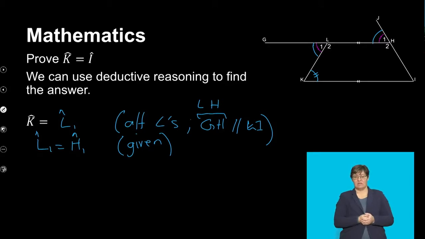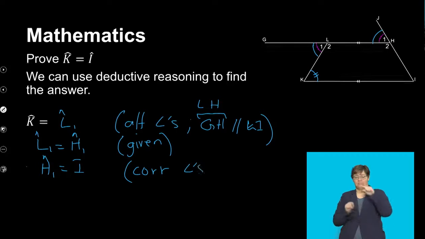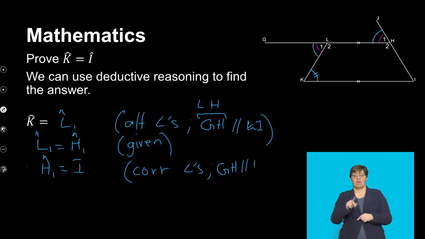And as a result, I will then say I know that H1 is equal to I, because I'm trying to link K with I, and my reason for this will be that these are corresponding angles, because GH is parallel to KI. Guys, if you don't indicate these parallel lines, then your reason will be incomplete.